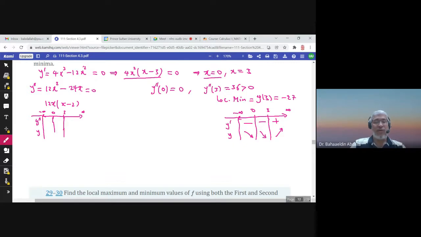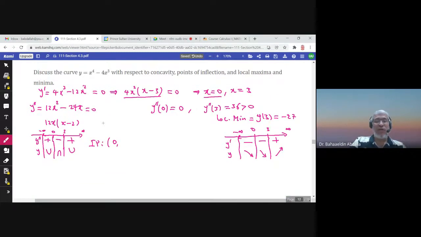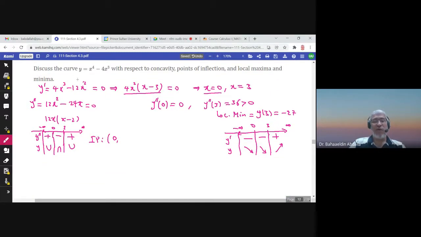And I now check the signs of y double prime. Y double prime has degree 2, so between the zeros it would be negative, opposite to the sign of x squared. And here it is positive. So concave up, concave down, concave up. And I have two inflection points. So the inflection points are 0 and f of 0, and f of 0, or y of 0, is just 0.